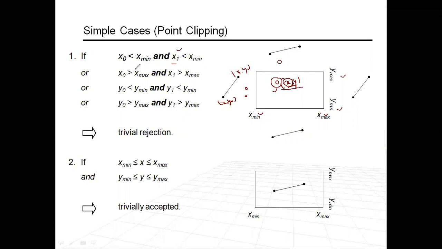If x naught is greater than x max, it is lying outside. If x1 is greater than x max, it is lying outside.